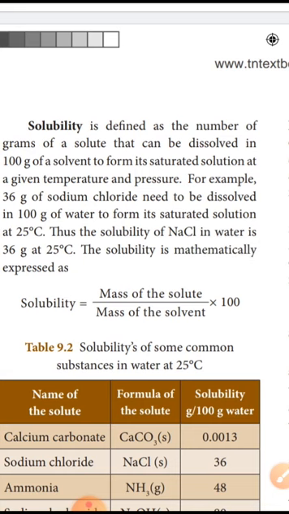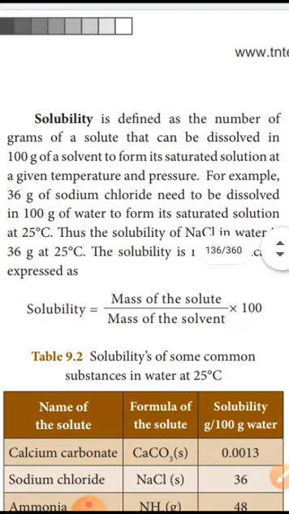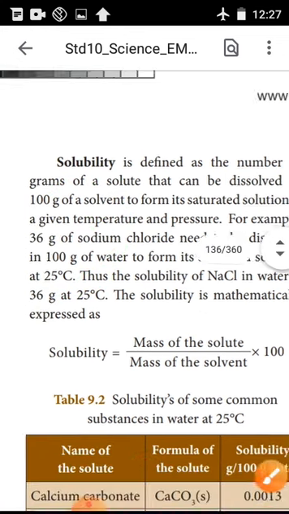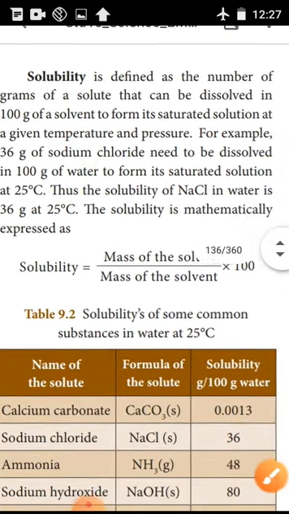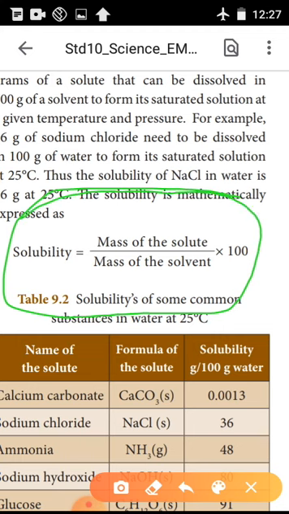Solubility is defined as the number of grams of solute that can be dissolved in 100 gram of solvent to form its saturated solution. So a saturated solution needs 36 gram of solute and 100 gram of solvent at 25 degrees Celsius. Then what is the formula of solubility? Solubility is equal to mass of solute divided by mass of solvent into 100.